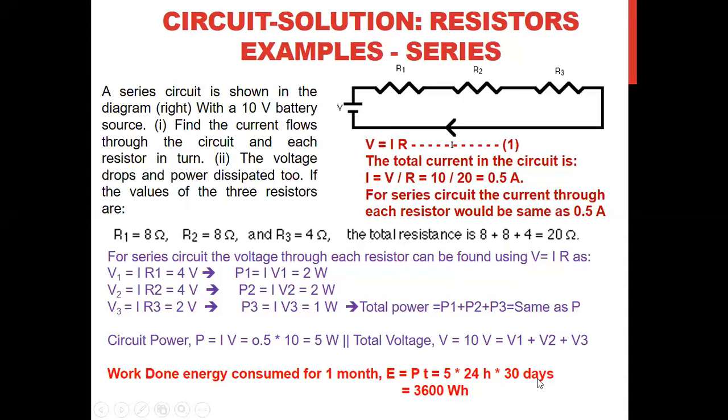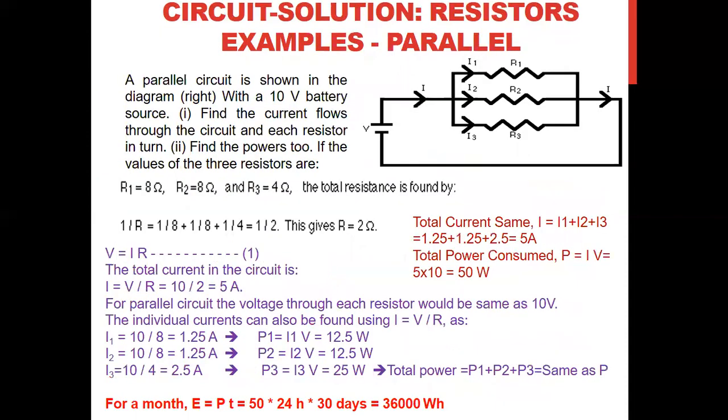Now let us see the same circuit but in parallel connection, and how its behavior is. The same circuit, V is 10 volt battery, total current I, here there are 3 paths, I1 for R1, I2 for R2, I3 for R3. With 2 common points, the voltage difference will be the same. R1 is 8 ohm, R2 is 8 ohm, R3 is 4 ohm.